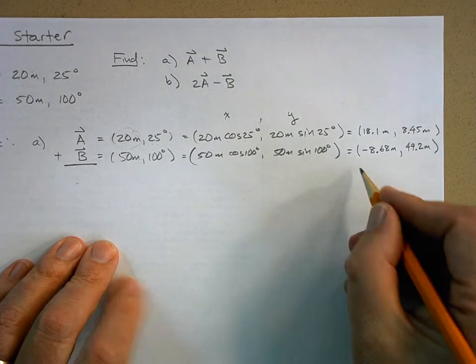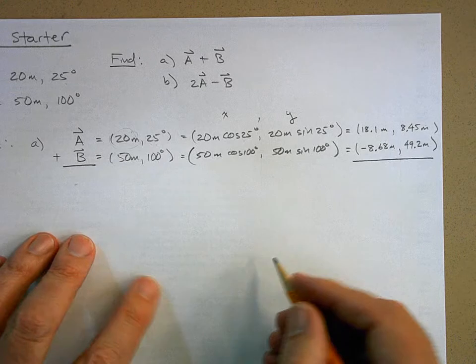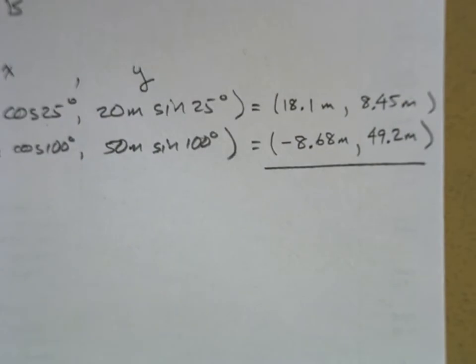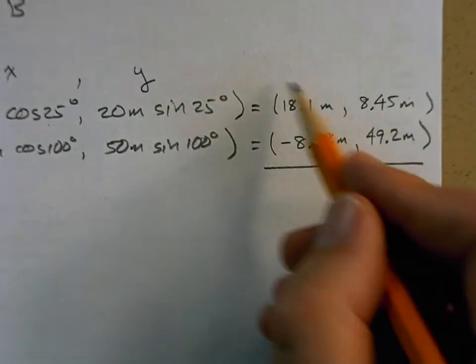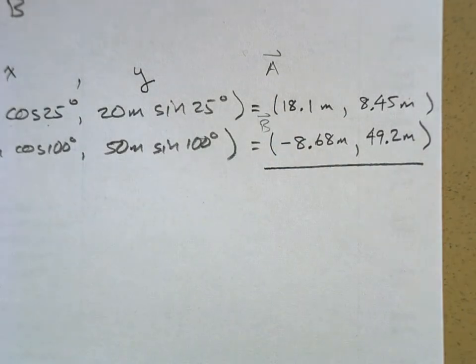Now I can add these, so now all I need to do is add these together. So let me zoom in. So this is vector A, and this is vector B right here in rectangular coordinates.